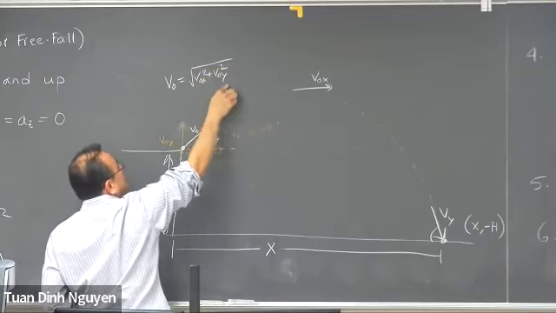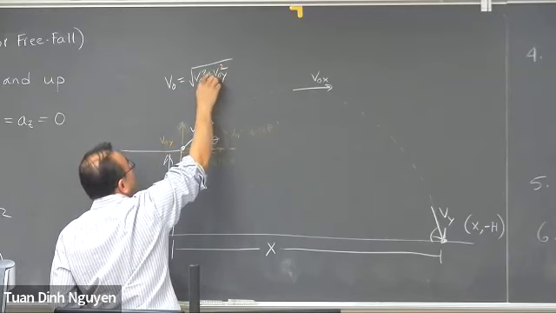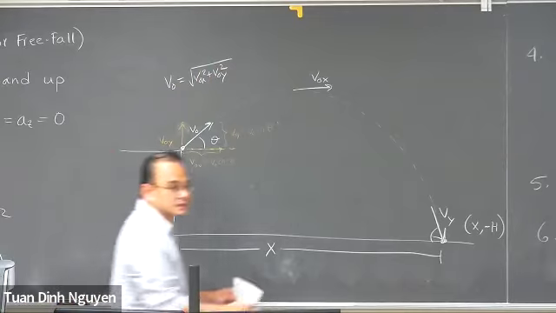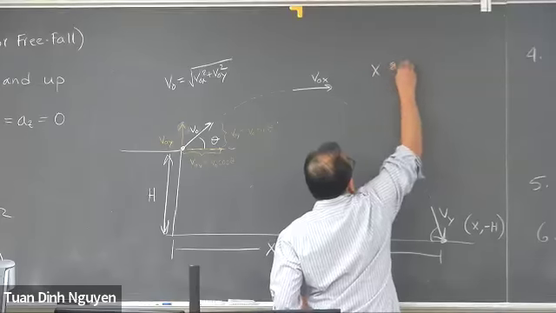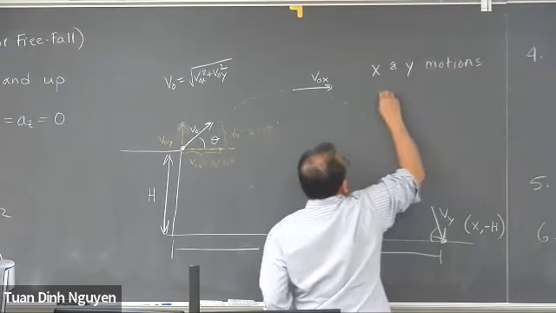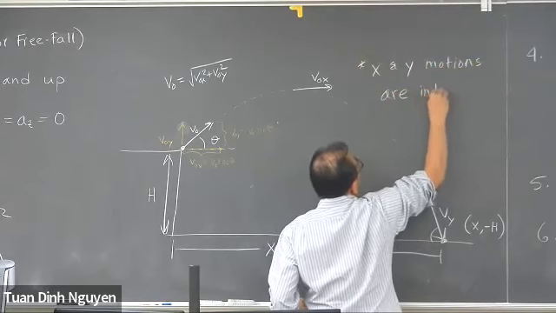V0 is equal to the components squared, you add them up, and take the square root. Any questions? No. X and Y motion are independent.